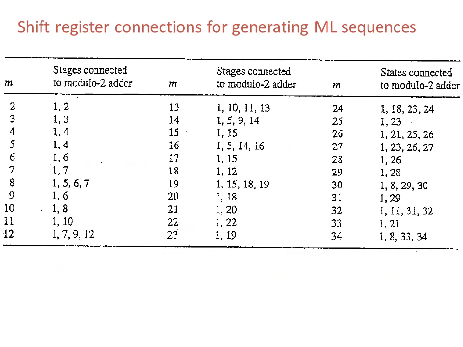The next topic is the shift register connections for generating maximum length sequences. In the previous section, we have seen the diagram, that is general M stage shift register with linear feedback. This particular table explains, for a given number of shift register stages, that is, if M is given, which shift register stages should be connected to the modulo 2 adder.